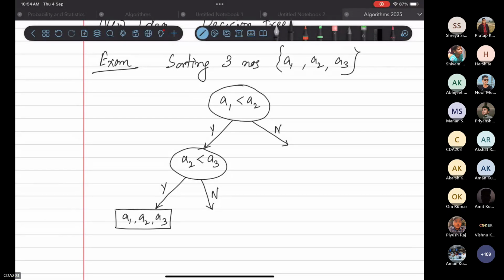Now suppose at this point I see a no. I know that A1 is smaller than A2, because I have got yes here, but A3 is smaller than A2. Then can I tell what is the sorted order?